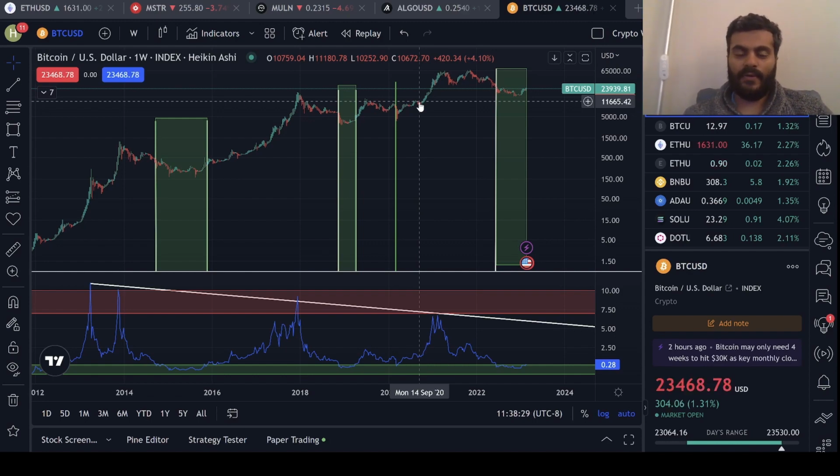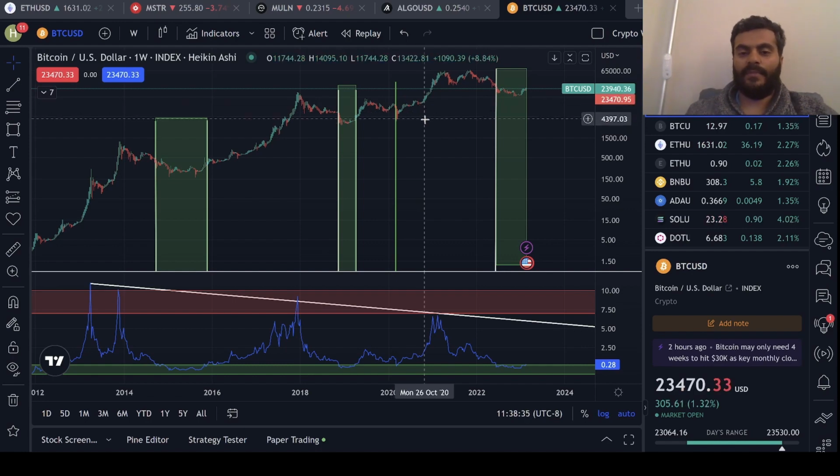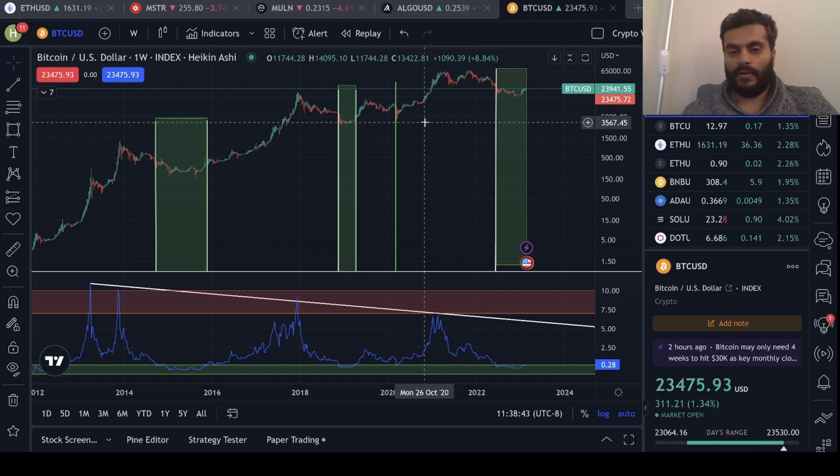And I will explain why it matters, because the market price of Bitcoin at any point in time is driven by the supply and demand of Bitcoin, whereas the realized price is actually the price at which those particular Bitcoins in that time period were actually bought or sold. So there could be a delta.